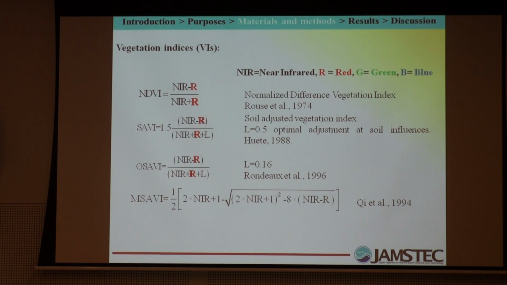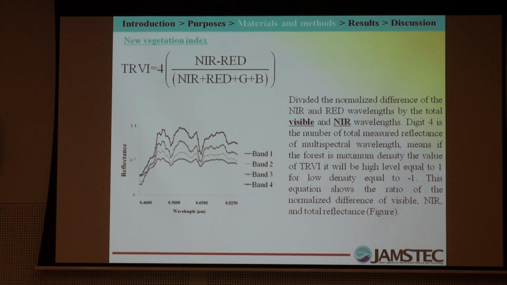We also introduced a new vegetation index for this region, because in this region the soil background is very important. We extract the reference from the total visible wavelength and near infrared wavelength, bands 1 until 4.